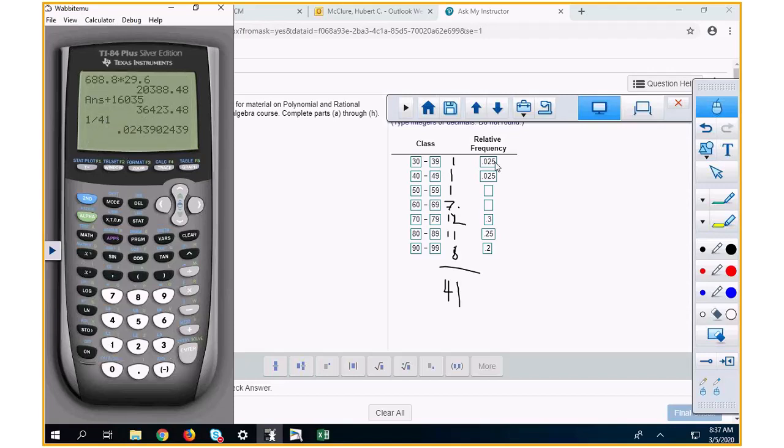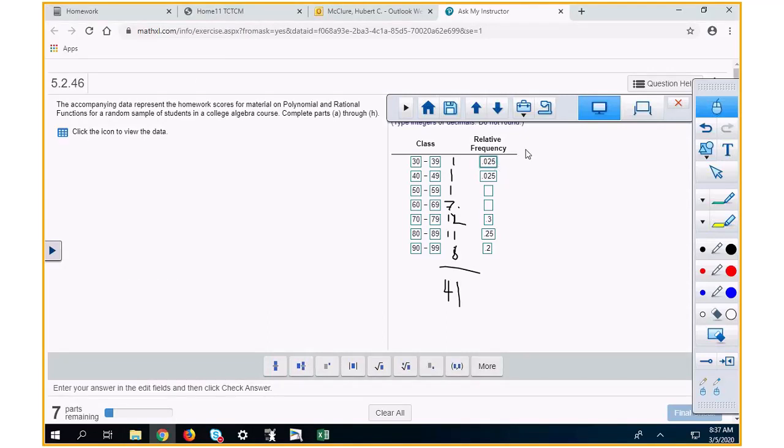Yeah, that's 0.024. The next one is 0.024. Next one is 0.024.